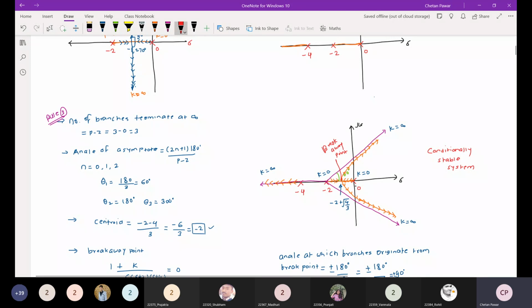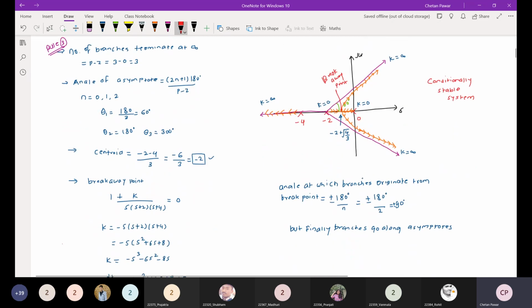Okay, now the angle at which these two branches originate from the breakpoint is equal to plus or minus 180 degrees by n, where n is the number of root locus branches leaving the real axis. So here the angle will be plus or minus 90 degrees.